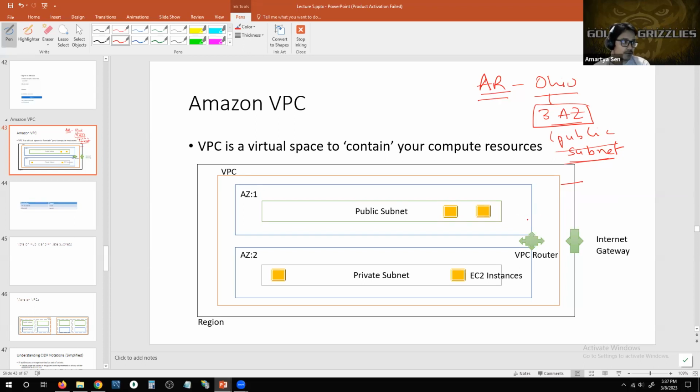But going beyond the default VPC architecture that will be generated for you by AWS, you yourself have the capability, of course, just like for any service, to create your own architecture for your VPC, right?